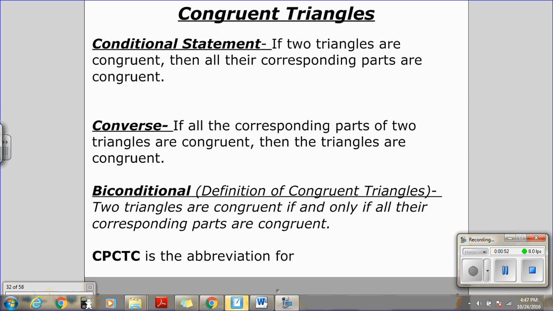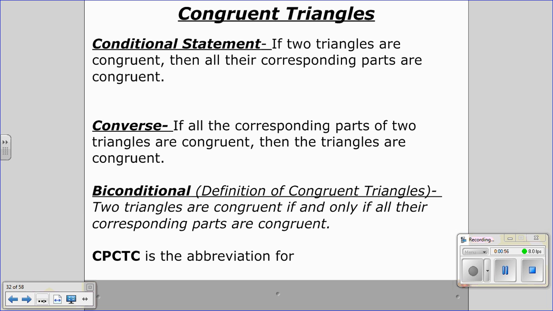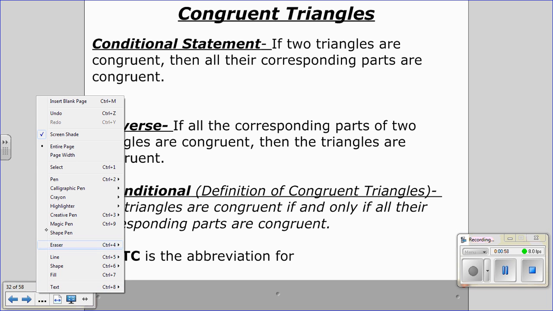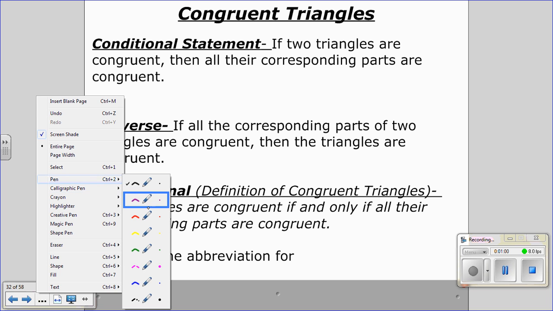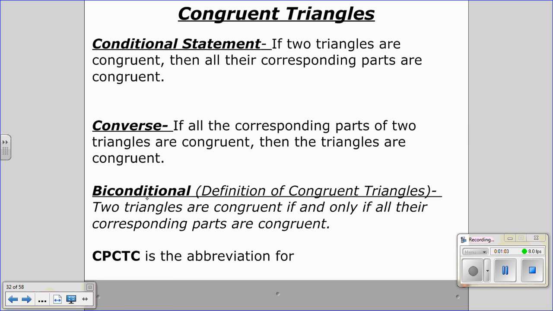And lastly, I'm going to introduce you to CPCTC, which stands for corresponding parts of congruent triangles are congruent.